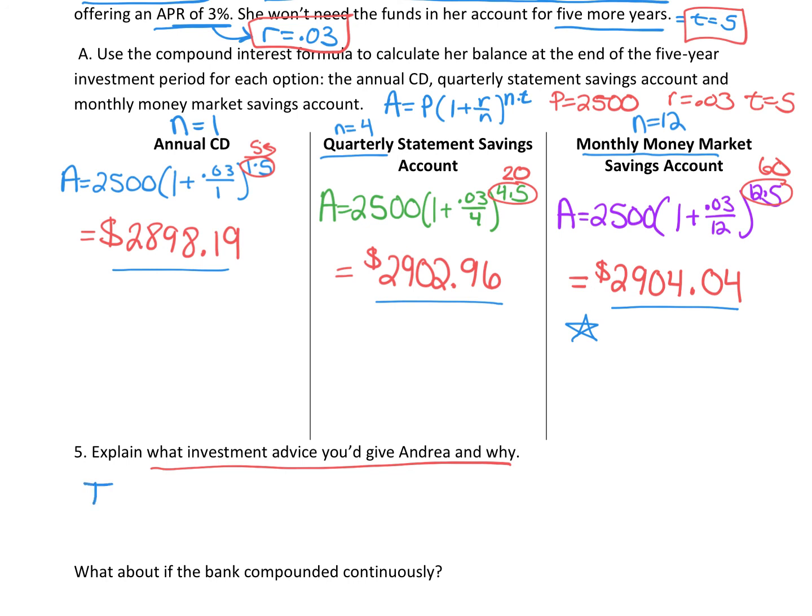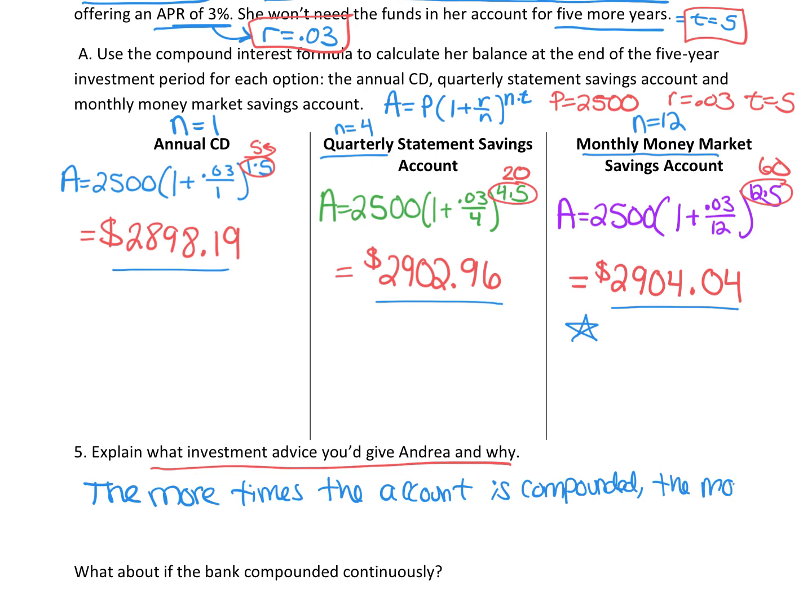So the more times the account is compounded, the more money you'll receive. Actually, instead of more money, the more interest you'll receive.